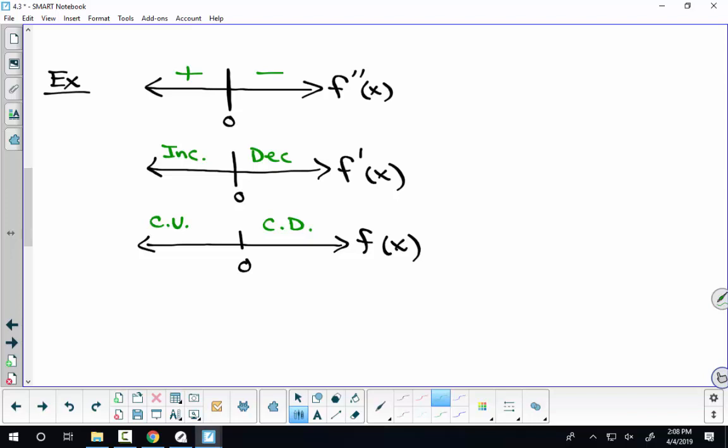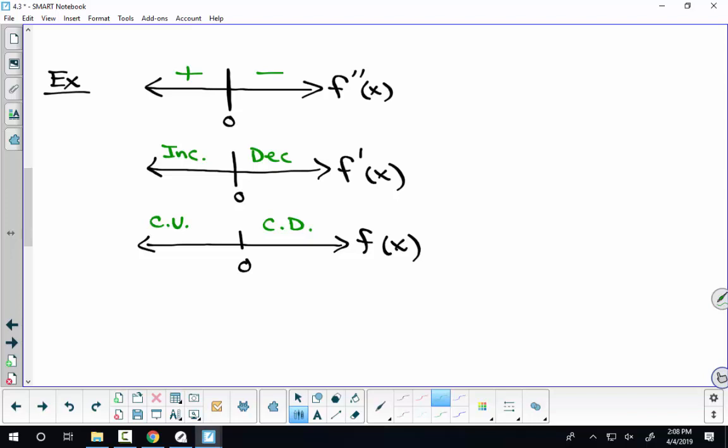And so in practice, when you're asked what are the intervals for which the function is increasing and decreasing, and where are the intervals which it is concave up and down, we'll just separate them out. For increasing and decreasing, we'll look at the first derivative like we did for all those other examples, and then we'll look at the second derivative to tell us about the concavity.